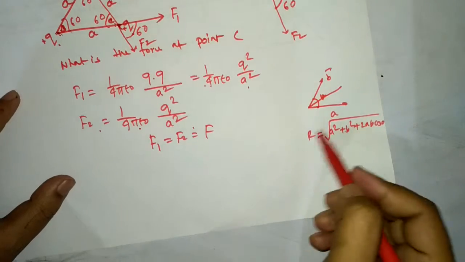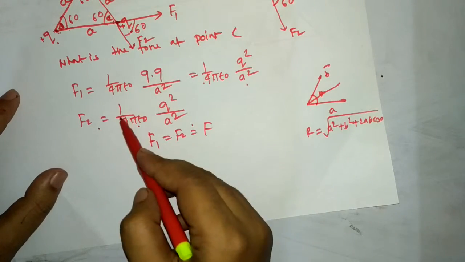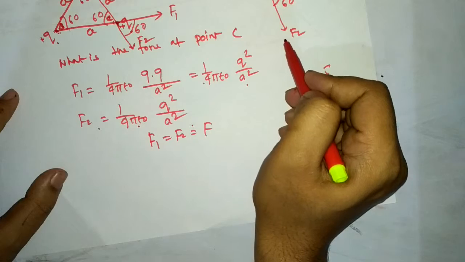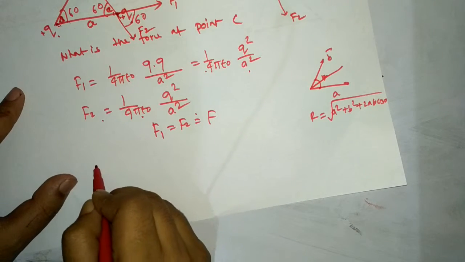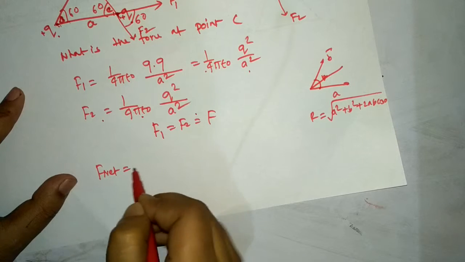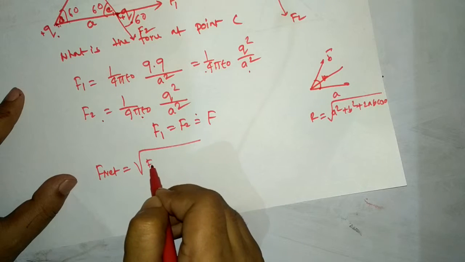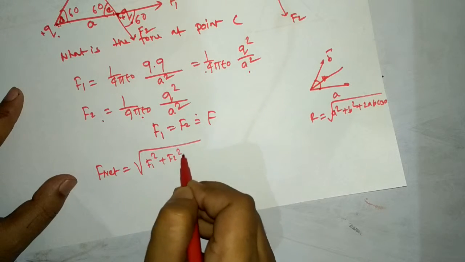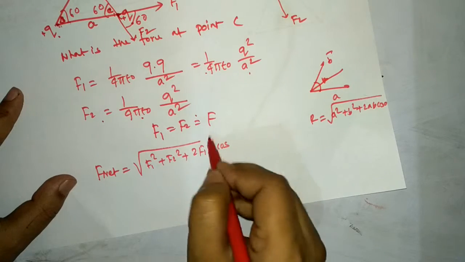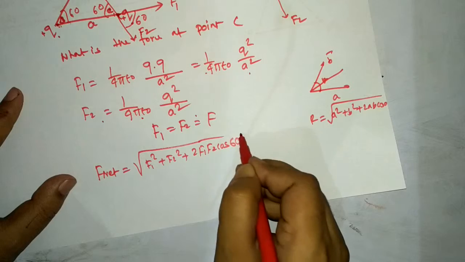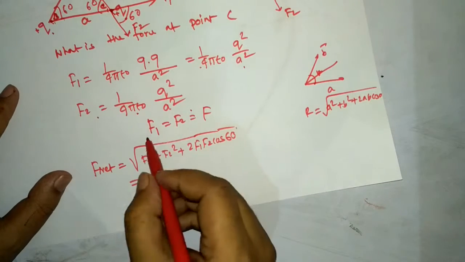If we apply the same formula here, one force is F1, another force is F2. So F net equals root of F1 square plus F2 square plus 2 F1 F2 cos theta. What is theta here? Theta equals 60 degrees.